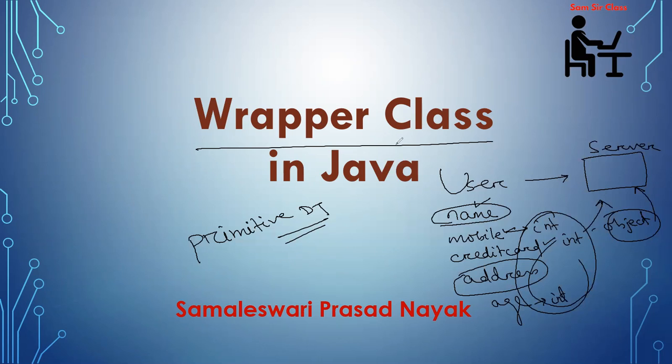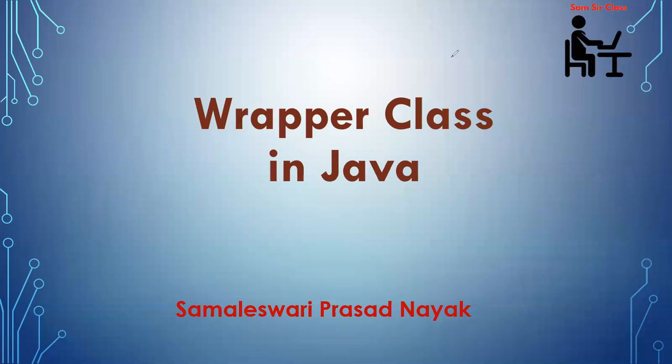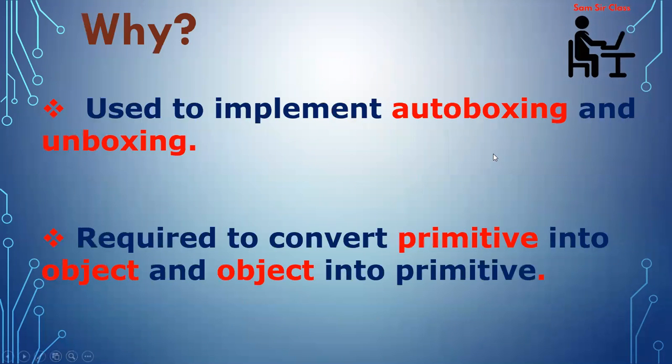So basically, what is the need of a wrapper class? Java is an object oriented programming language, and you have to deal with different objects. As in real time, through the internet, whenever you are sending data, you are sending it through objects. So all your primitive data types need to be converted to their corresponding objects, and that conversion is done by the wrapper class.